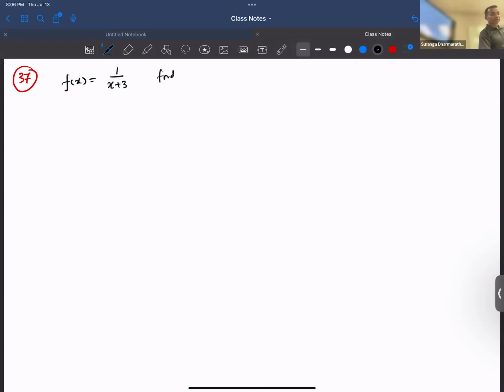Find the equation of the tangent line at x equal negative 2.